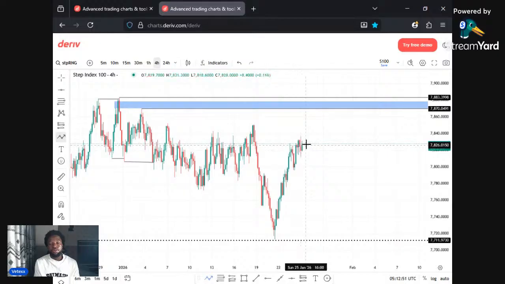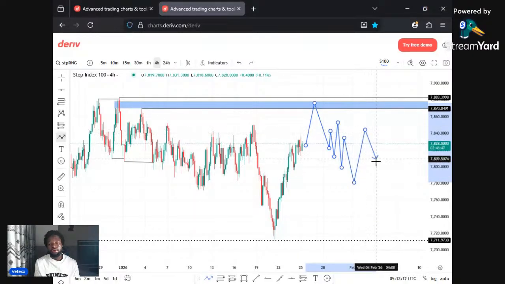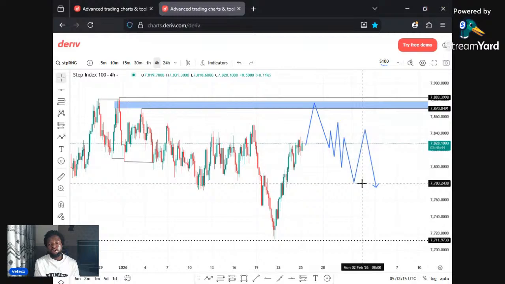So once price taps into this zone, we're anticipating this same pattern on the 15 minutes time frame, such as this. It will start doing something like this, tapping into our 15 minutes POI and selling in the opposite direction.